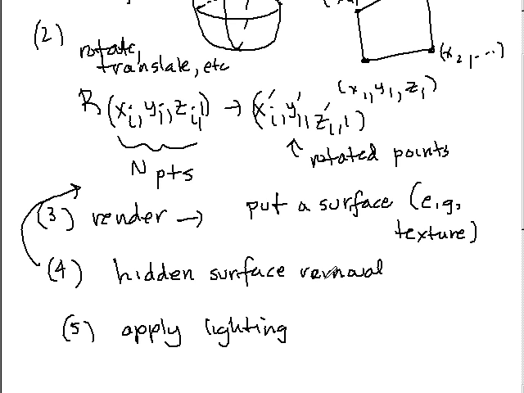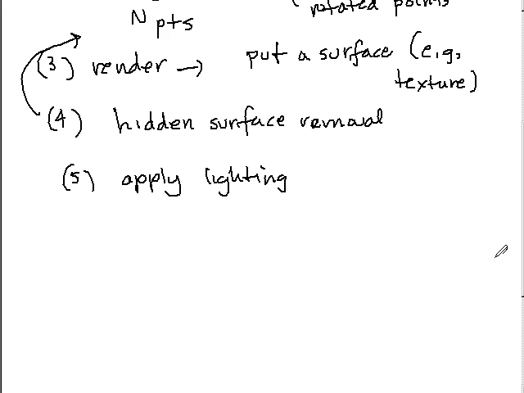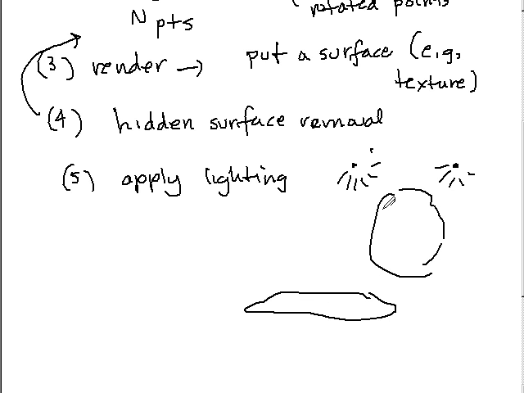Now, what lighting does is just take your surface, and it has like a lamp or something here, say a lamp here, and you have your blob here, and then it'll cast a shadow, say over here, and this will cast a shadow over there.